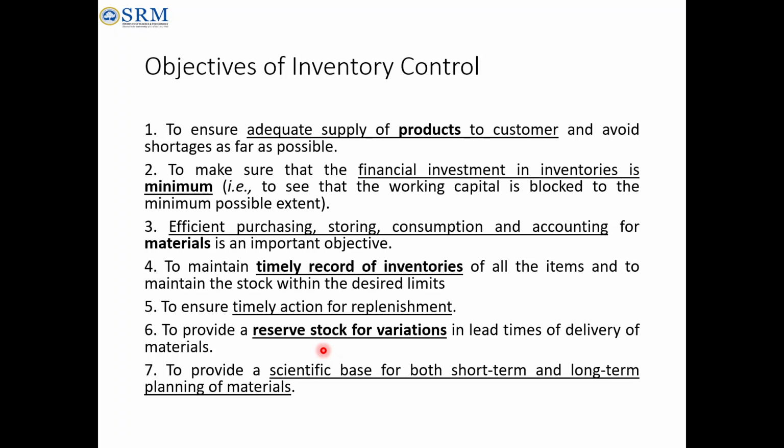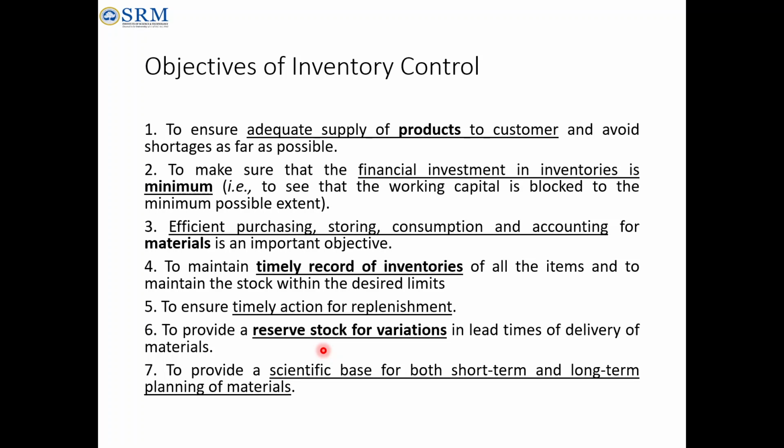And you have to keep some stock, like a buffer of stock, for the variation in the lead times of the delivery. Sometimes lead time may vary. What is meant by lead time? Once you purchase the component, until the material reaches the company, that is the lead time. You placed it today, and usually it will come next week.